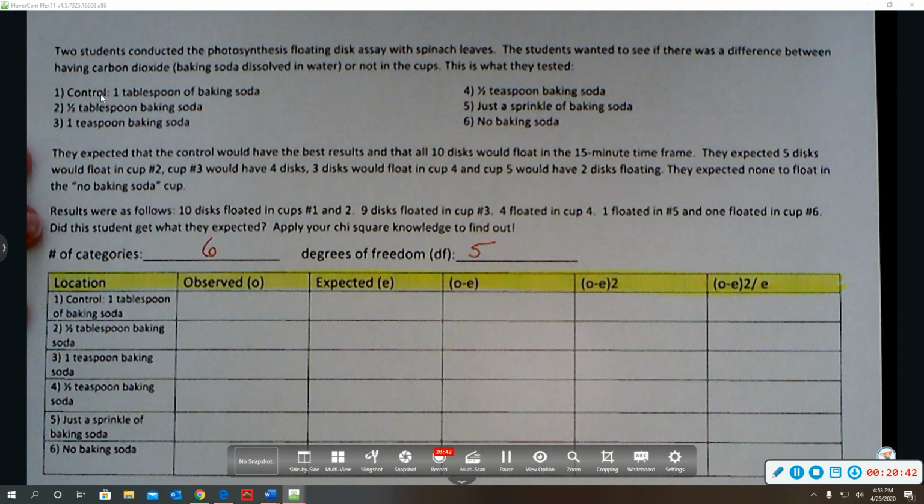This is what they tested. Their control was just having the 1 tablespoon of baking soda, and then they did all these other variations on that, from having a half tablespoon, teaspoon, half teaspoon, just a sprinkle, and then none at all.